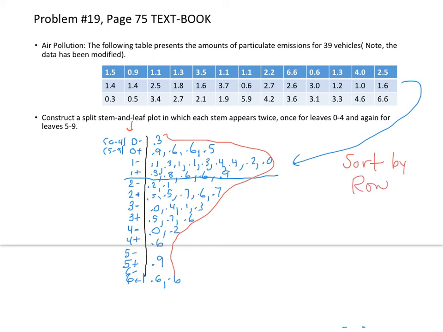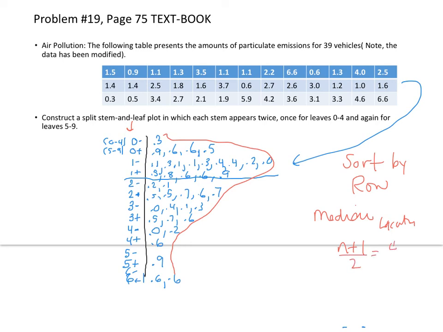If we sort by row, we can also end up doing certain things by hand, like finding the quartiles and finding the median. In this case, for 39 vehicles, if we had sorted the data, the median location is equal to n plus 1 divided by 2.